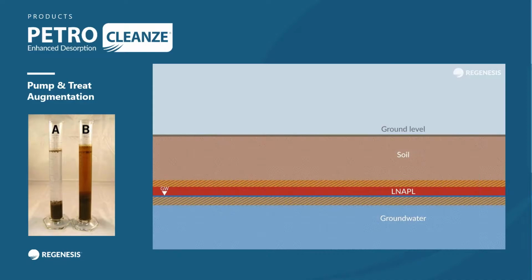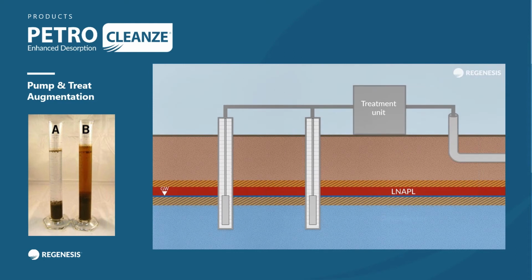Just to illustrate how PetraCleanse works, sorry, we have far too many products that start with Petra. Typically, we would pair it with some kind of physical abstraction system. So in this example, we're looking at a pump and treat system. In the case study, we did this with vacuum tankers. So at the other site, you have free phase sat on the groundwater.